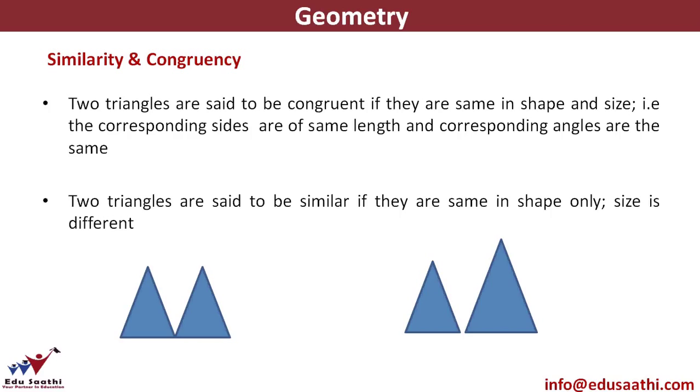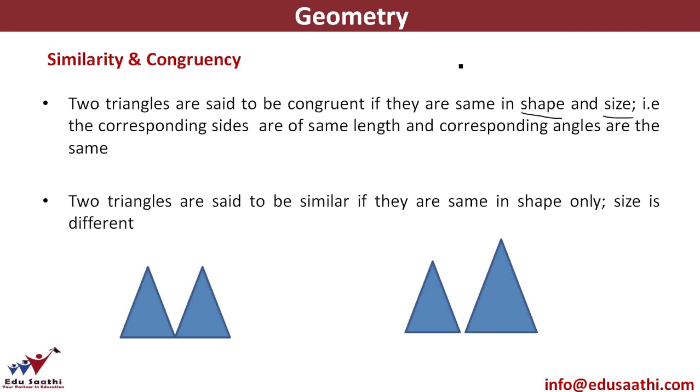What do you understand by similarity and congruency? Let's understand it in detail. Two triangles are said to be congruent if they are same in shape and size. So the things that you need to concentrate on is shape and size. That is, the corresponding sides are of same length and the corresponding angles are the same.